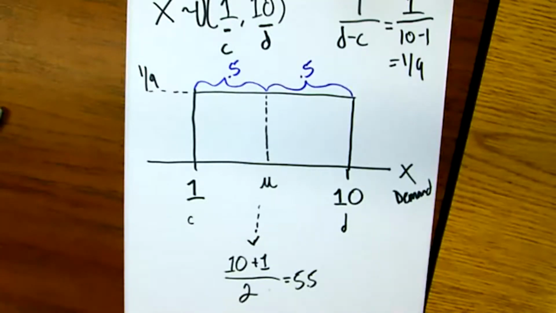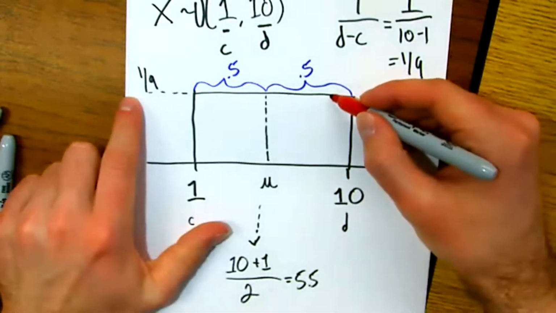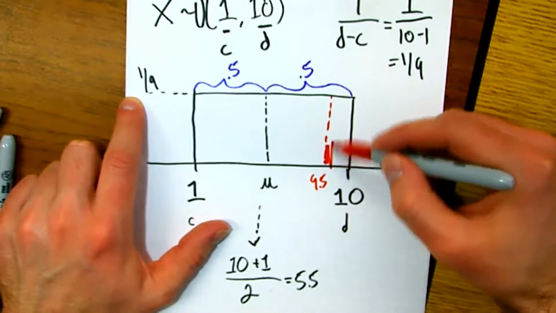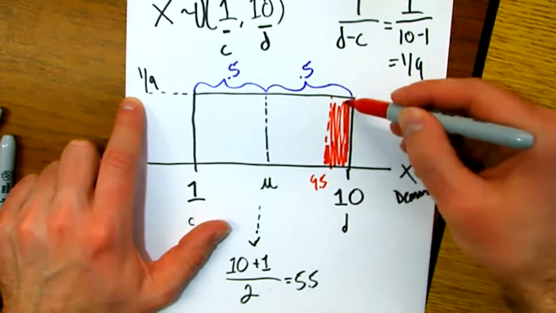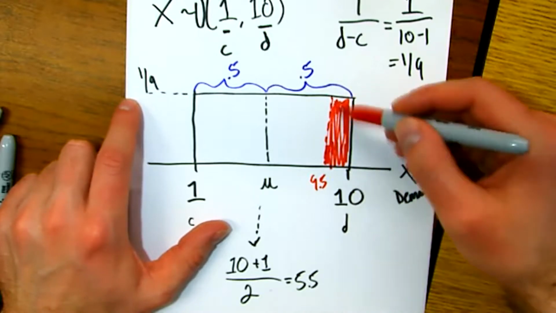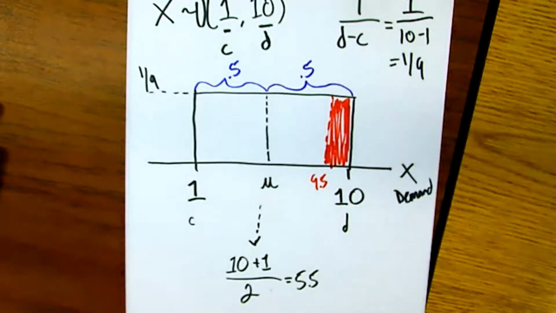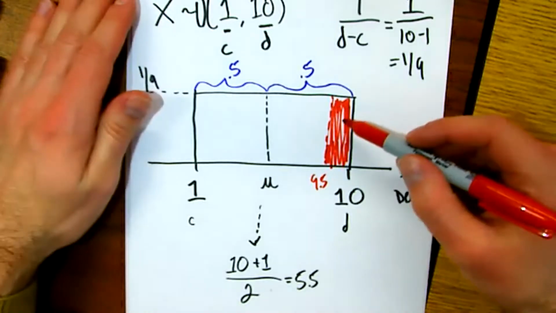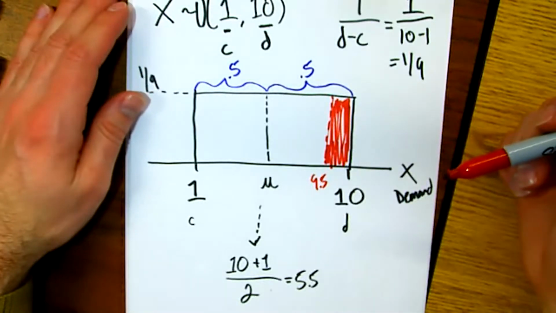So what we're really looking for is the probability that the actual demand takes on a value of 9.5 or greater. Add up the probabilities of every possible value between 9.5 and 10. That's one way to think about it. Right away, I know this probability has to be less than what value?